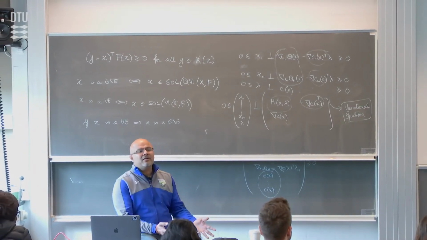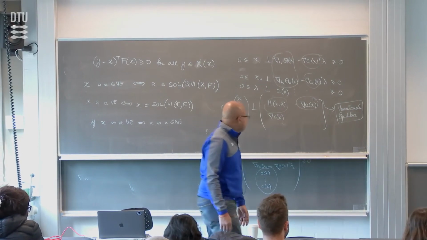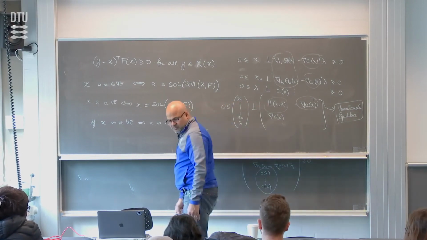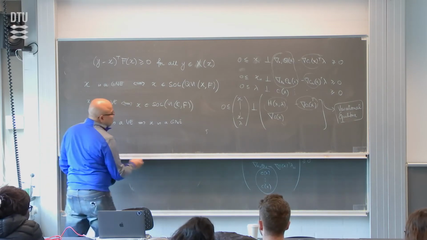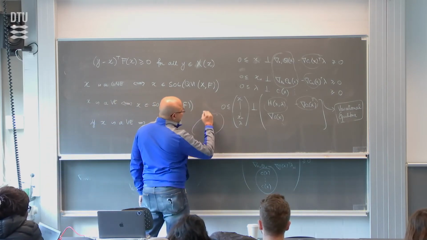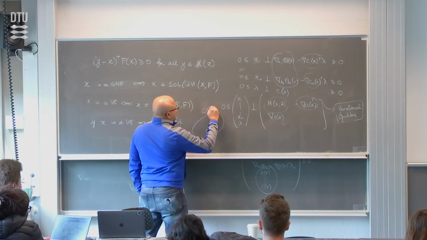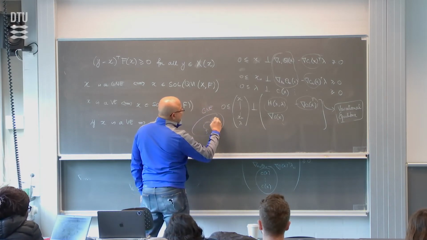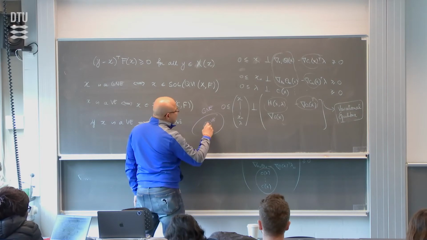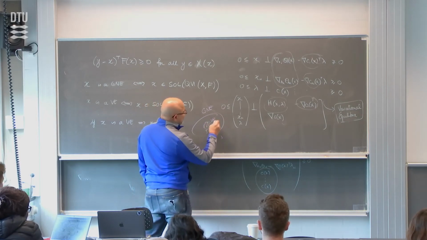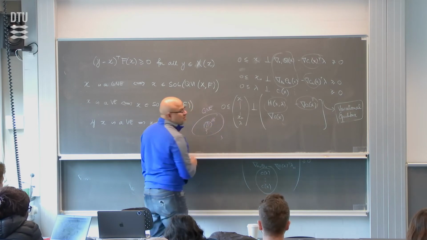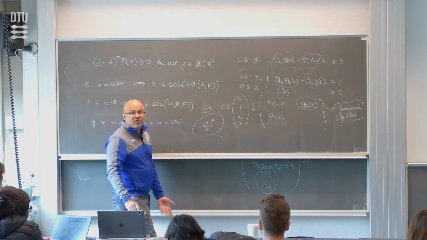If this is the set of solutions of the GNE, I have a set of solutions of the VE, and I say it lies inside this. But if I tell you this is non-empty, is this always non-empty? We don't know that, right?